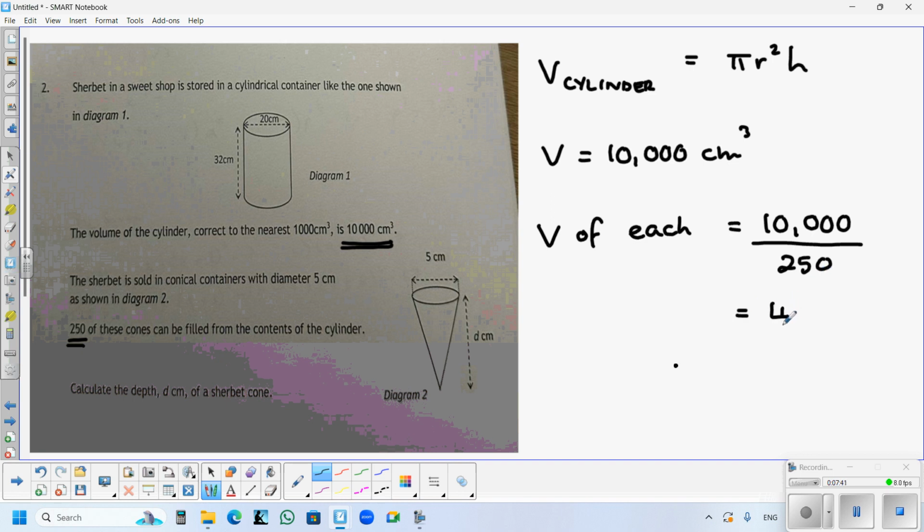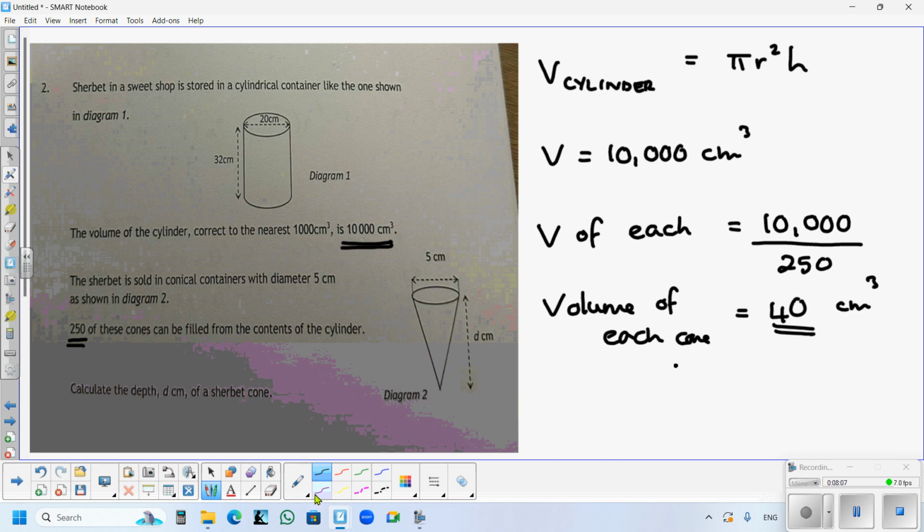So there must be 40 as the volume of each wee cone. So total volume was 10,000, split into 250 of those cones, so the volume of each cone is 40 centimetres cubed.